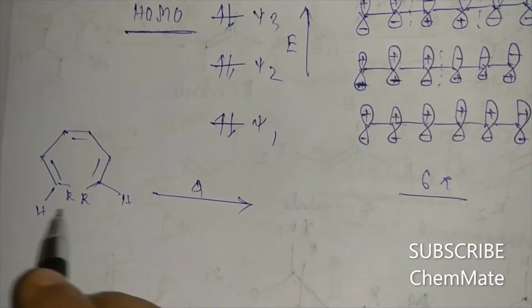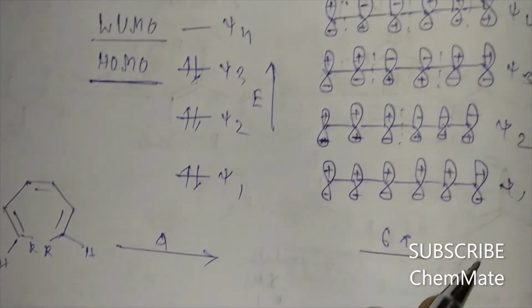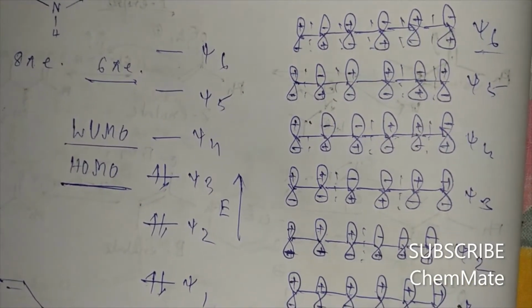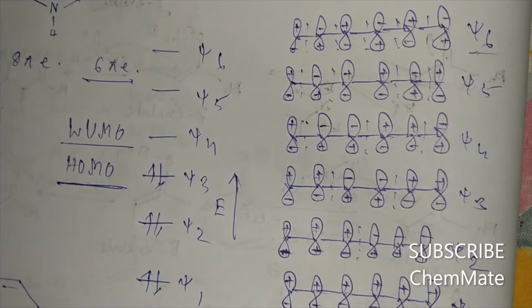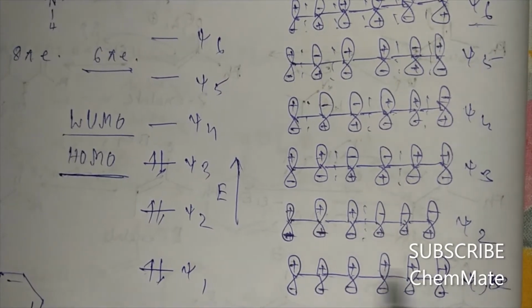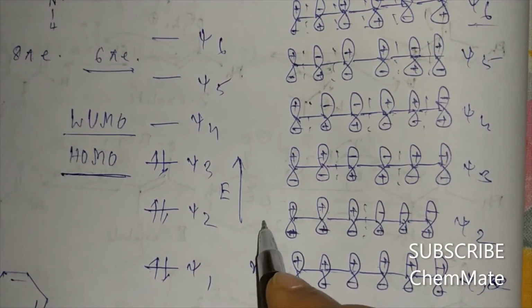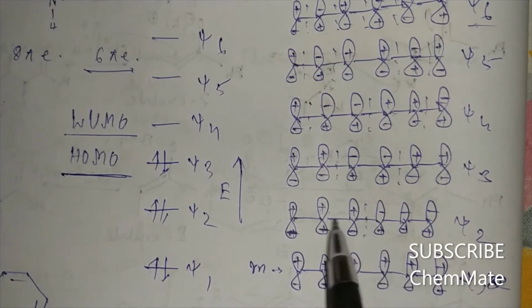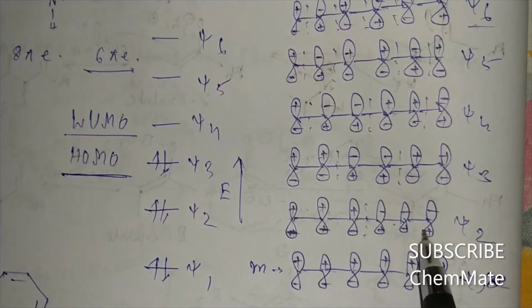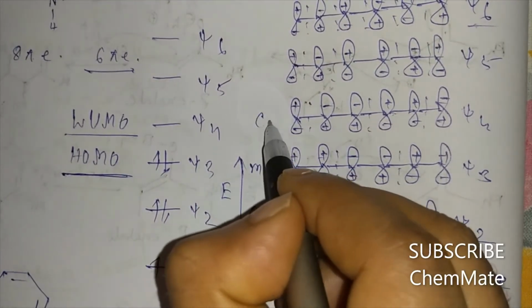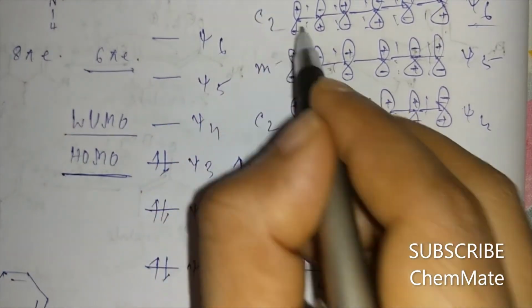Now if it is heated, we will consider the symmetry in this molecular orbital. This has symmetry with respect to a mirror, so this is mirror symmetry. This has a symmetry with respect to the center. A center of symmetry is there. So this is C2 symmetry. Again it is mirror symmetry, C2 symmetry, mirror symmetry, C2 symmetry.